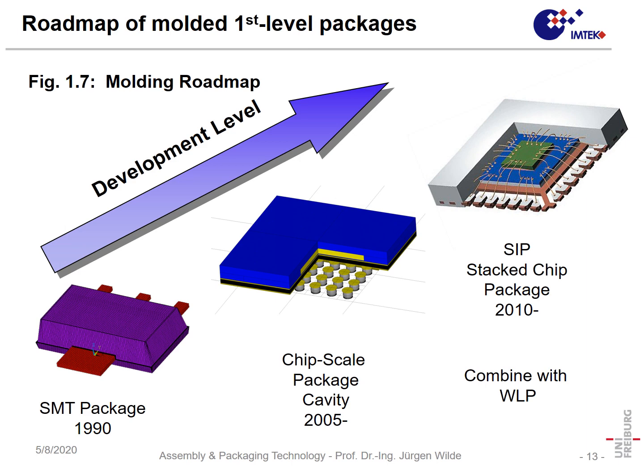We have very simple packages with few IOs going to the ball grid array and then to the chip scale packages. And in the end, the trend went towards system in package. That means not only one chip, but we can have several chips of different technologies. And that's a so-called roadmap.